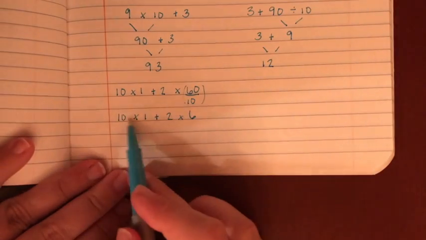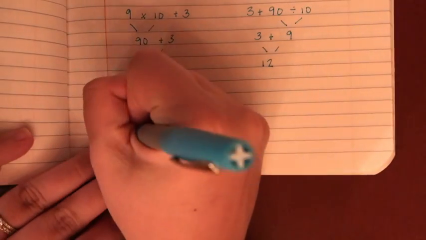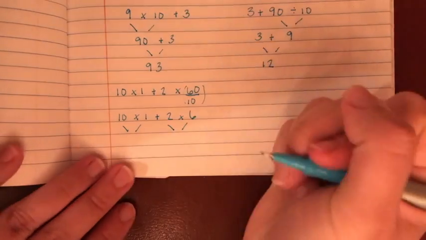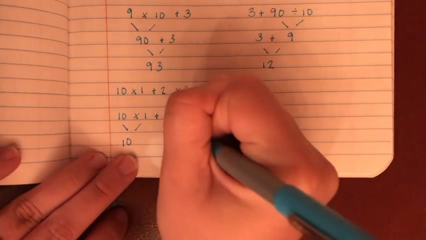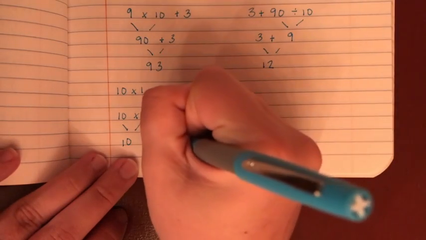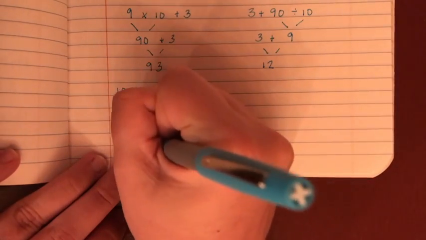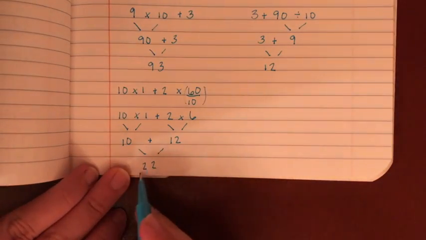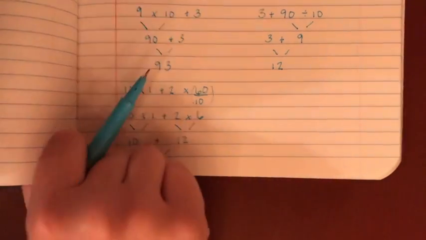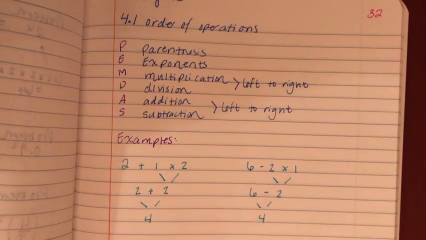Now I can go through and do my multiplication. 10 times 1 is 10. 2 times 6 is 12. And I can add them together and I get 22 as my final answer. So hopefully this was helpful and you will be successful in completing your Khan Academy.